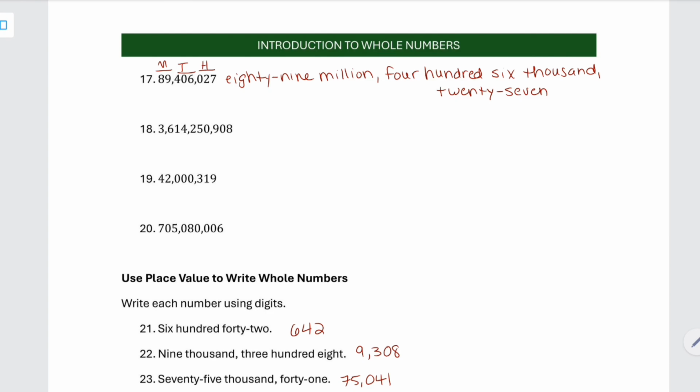For number 18, once again, let's remember that here we have hundreds, here we have thousands, here we have millions, which makes us billions.